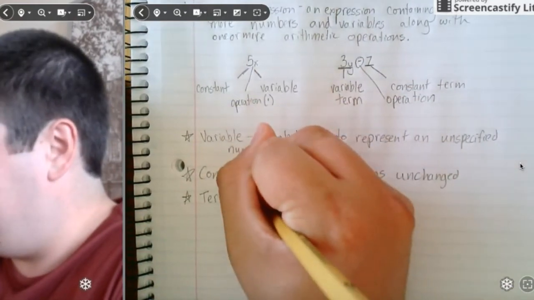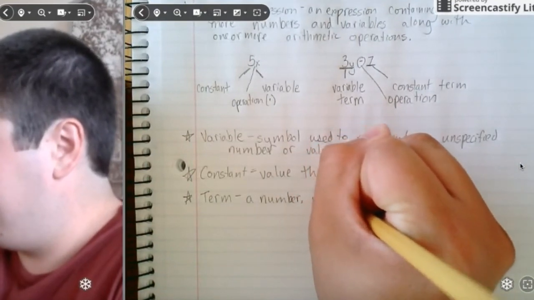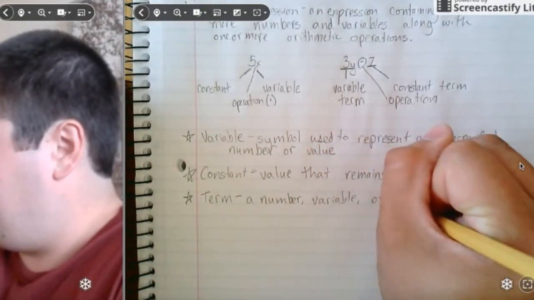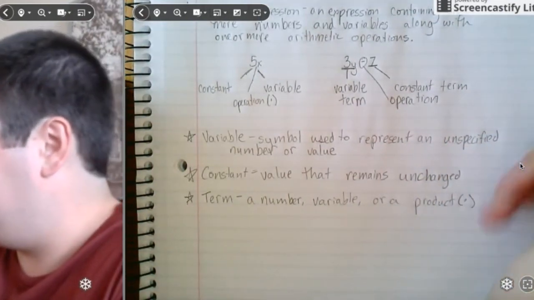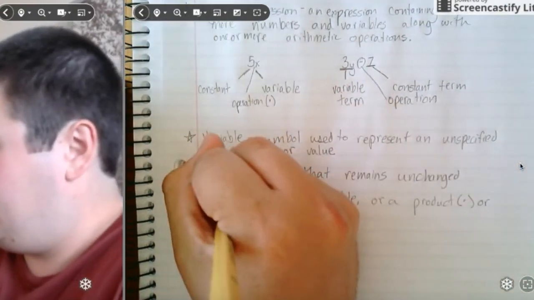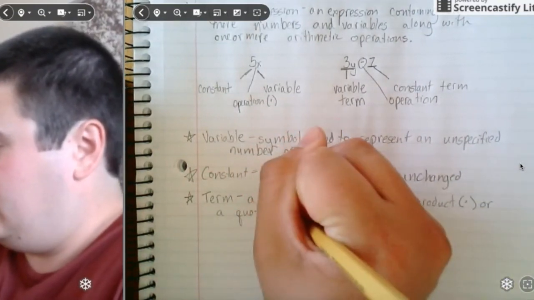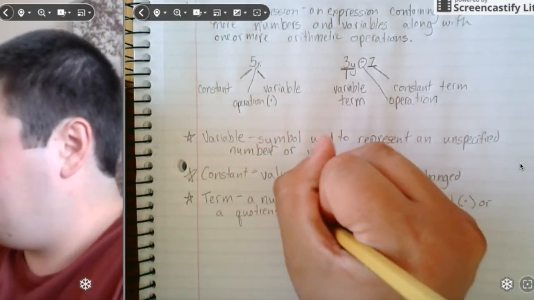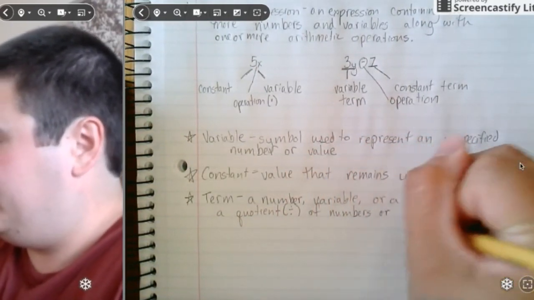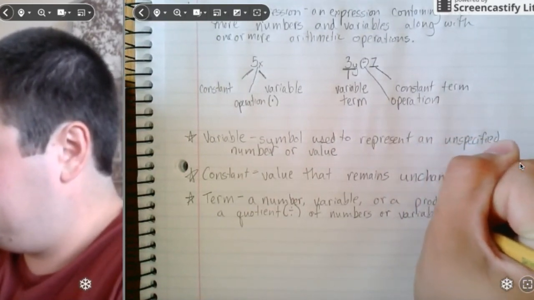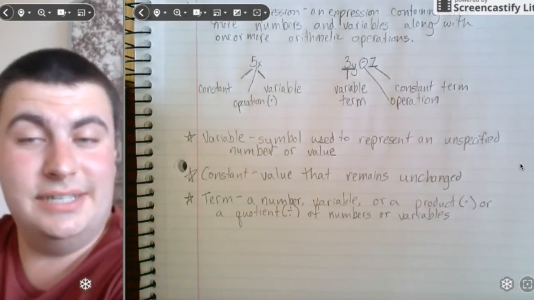So a term is a number, variable, or a product, which is the term we use for multiplication, or a quotient, the result of division of numbers or variables. A term is a number, variable, or a product, or a quotient of numbers or variables.